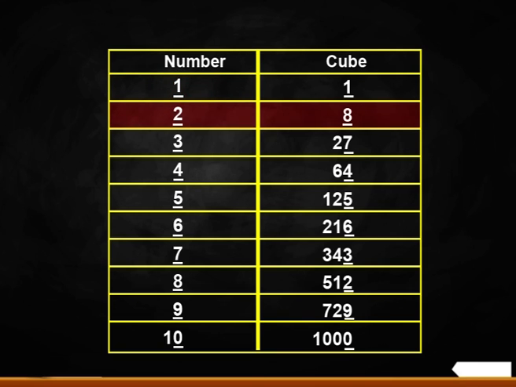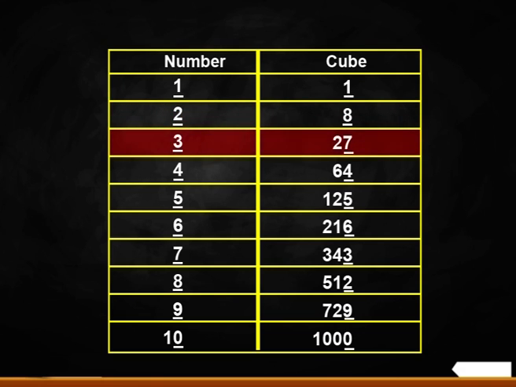Now, draw your attention to the second row. In the second row, the underlined numbers are 2 and 8. What does this mean? This means that if the last digit of the cube is 8, the last digit of the cube root is 2.